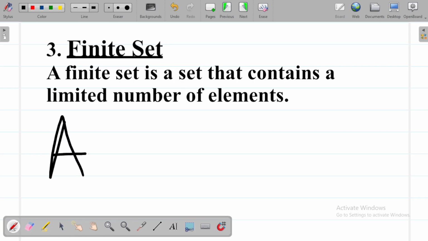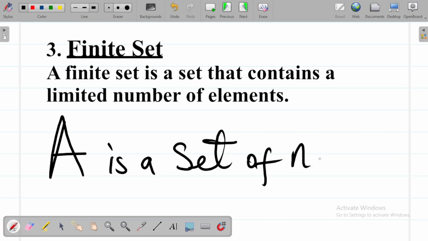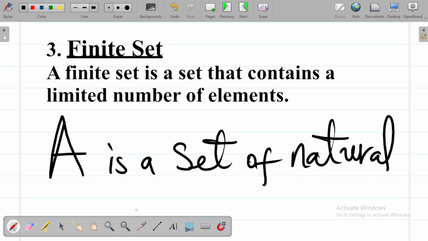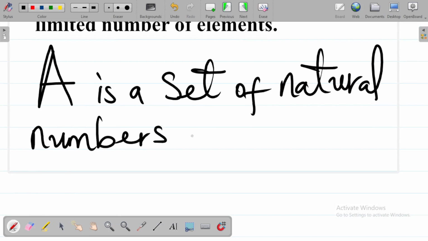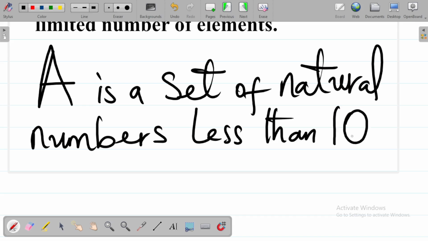Let's say set A is a set of natural numbers less than 10.